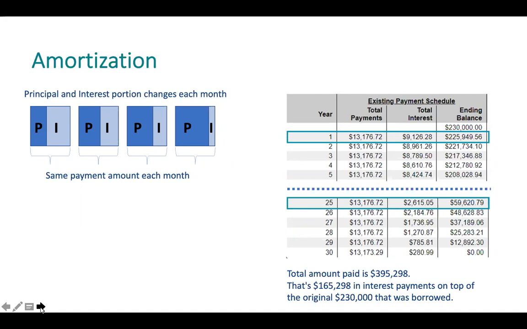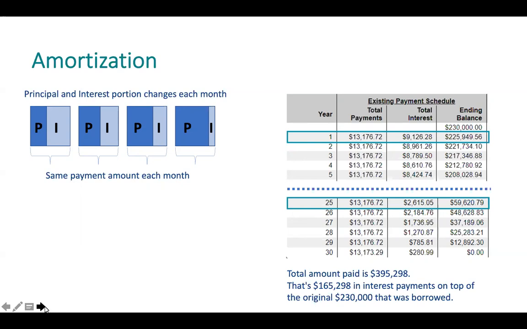Now, if we move down and look at year 25, for example, you'll see that this has changed over time. In the 25th year, they're still paying $13,176, yet only $2,615 is being applied to interest.